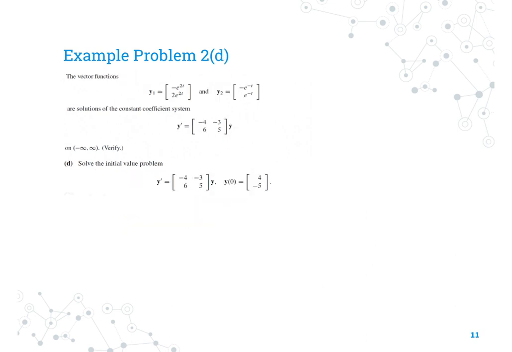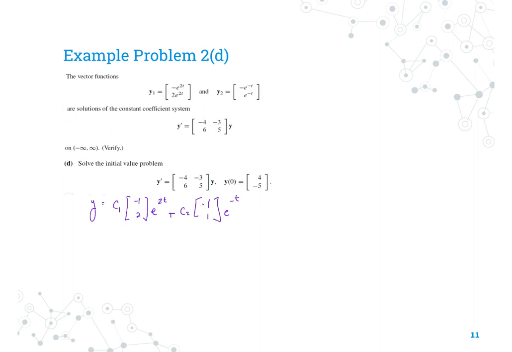So part D says, now that we know what our fundamental set of solutions look like, solve the initial value problem where we have y of 0 equaling 4, negative 5. From the previous problem, y is equal to c1 times negative 1, 2 e to the 2t, plus c2 times negative 1, 1 e to the negative t.